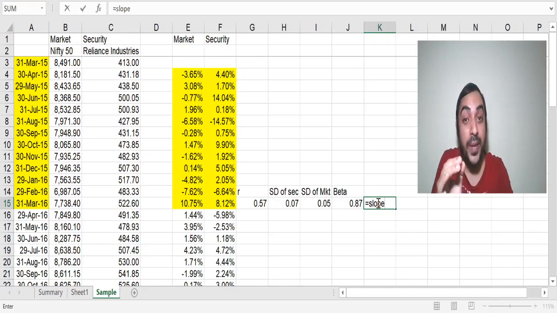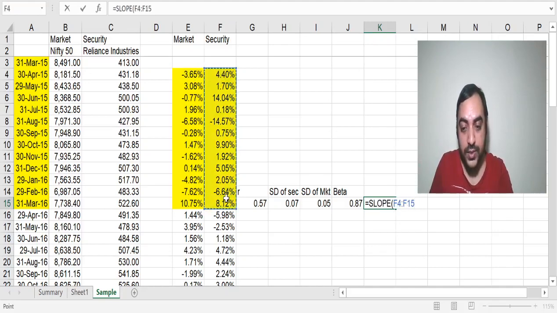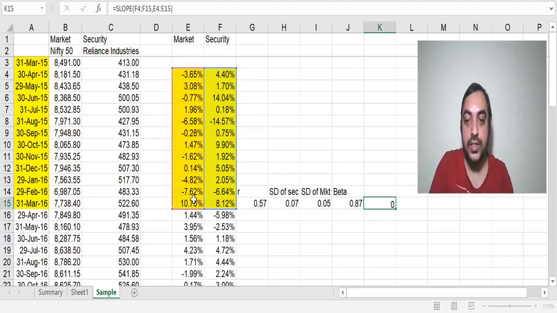Y equal to mx plus c is the general form of a linear equation, where m stands for slope, the rate of change in one variable with respect to the rate of change in another variable. Anyway, don't worry. So SLOPE, select the security returns, then select the market returns, you get 0.87.